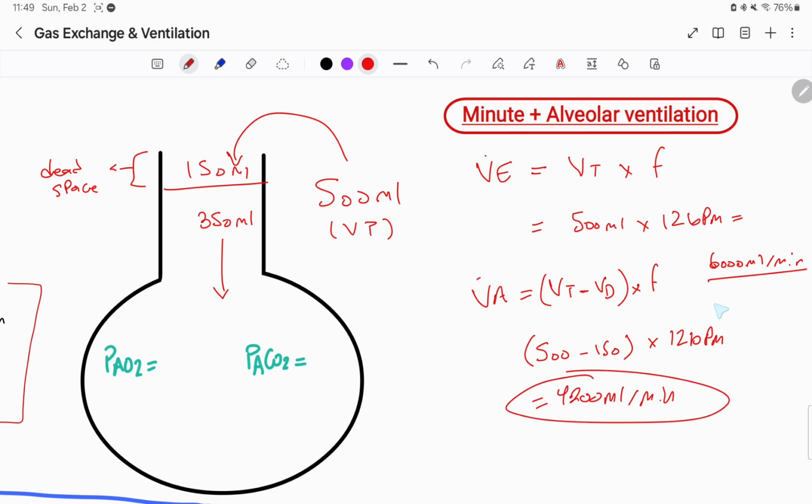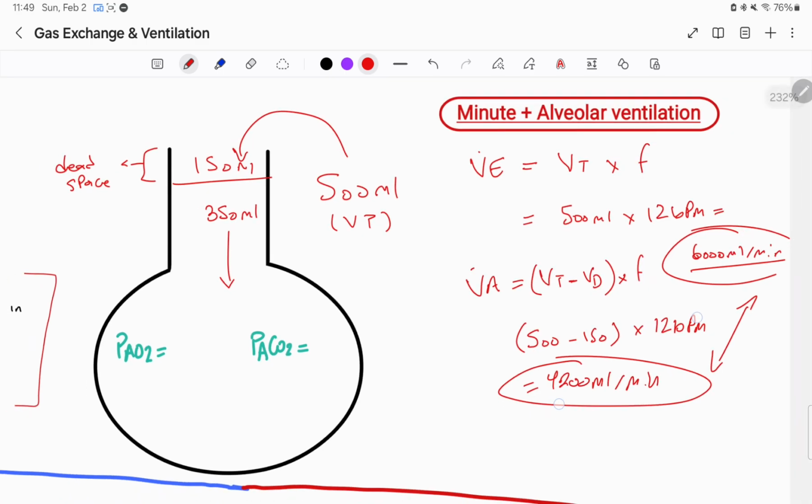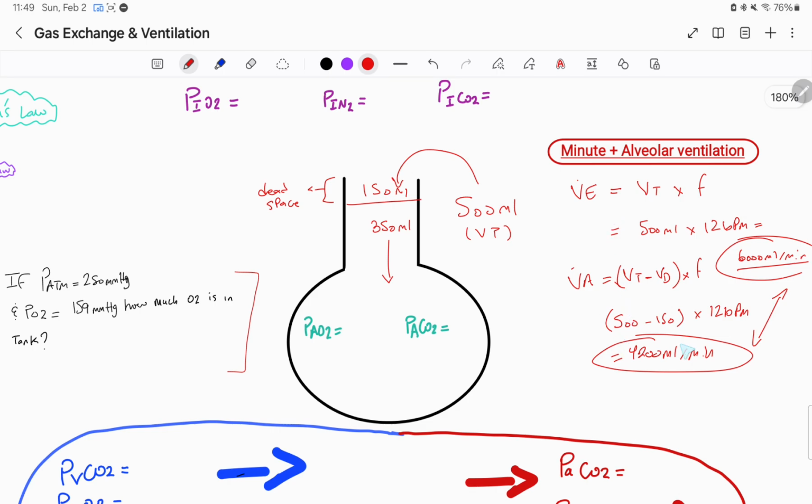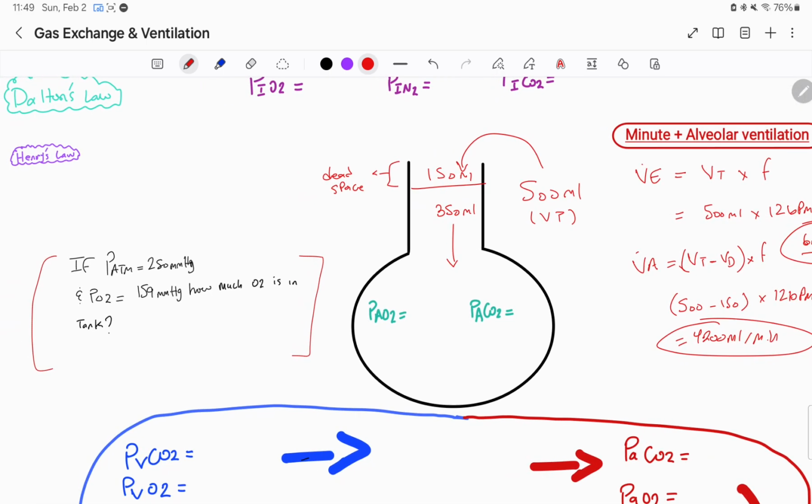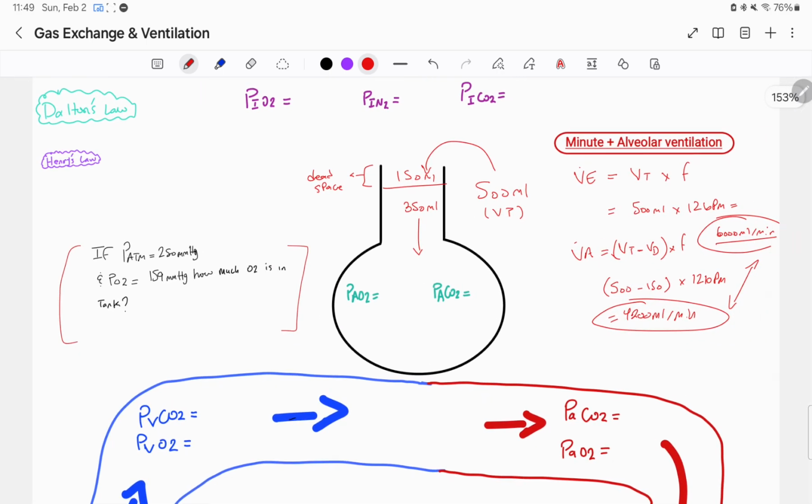Do you see how this is about 30% less than the minute ventilation? It's a stark difference when I take into account the dead space. That's very important, and I would be comfortable playing around with this kind of equation.